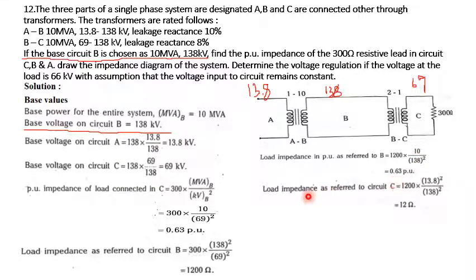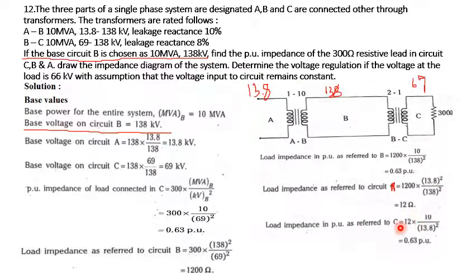Similarly for the A circuit. Okay, this is not the C, this is supposed to be the A circuit. Okay, this is circuit B, supposed to be A circuit. So already we know that this is 1200 ohm into the ratio 13.8 by 138, square of this value, will get 12 ohm.